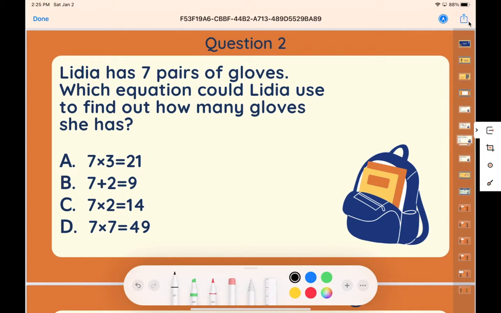Which equation could Lydia use to find out how many gloves she has? And our choices are 7 times 3 equals 21. 7 plus 2 equals 9. 7 times 2 equals 14. Or 7 times 7 equals 49. The question should be on your screen to solve now.